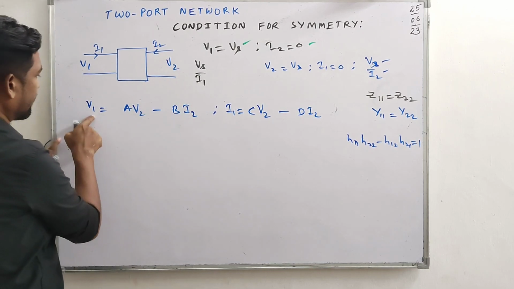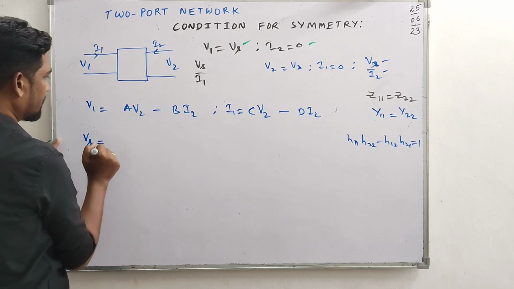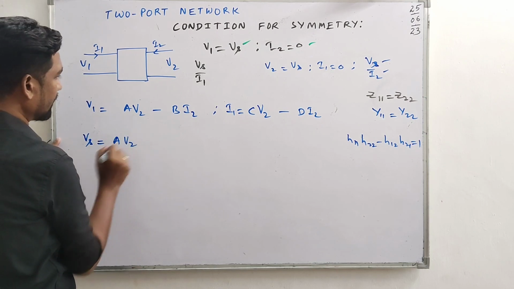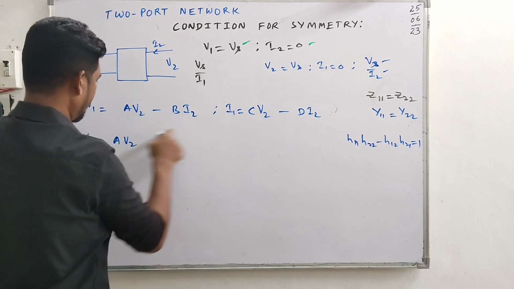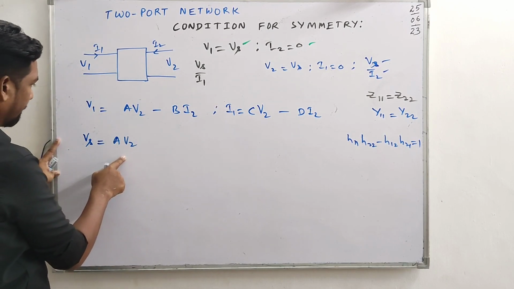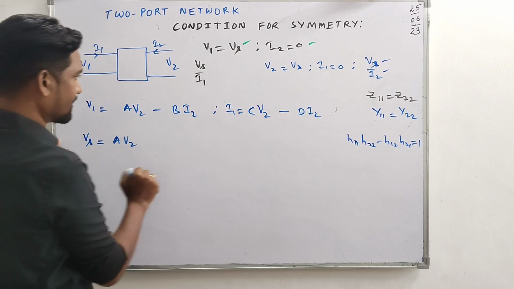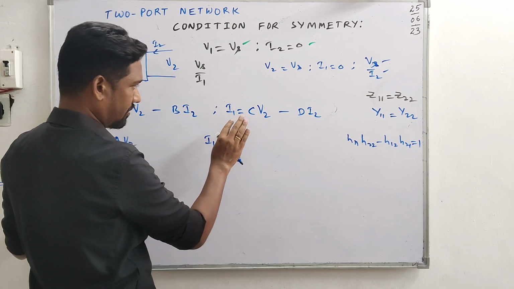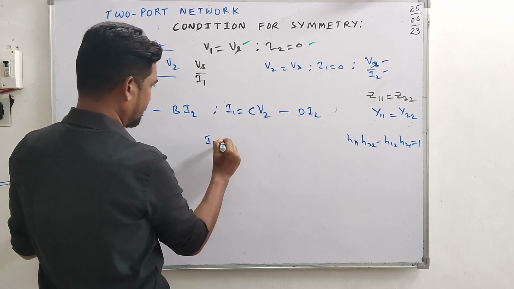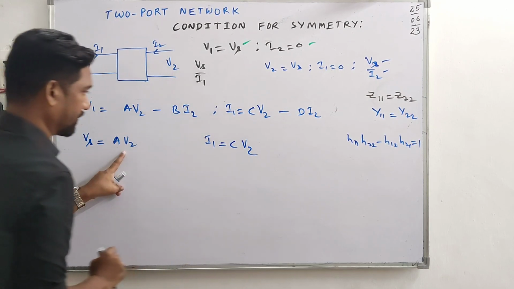Alright, so once again the same conditions, plugging over here and evaluating for Vs upon I1. V1 is Vs, which equals A V2 as it is, and I2 is 0, so we'll have only this one. Getting back to the second one, we have I1 equals C times V2, I2 is 0, so we don't have that one.